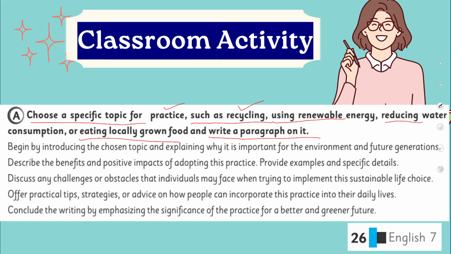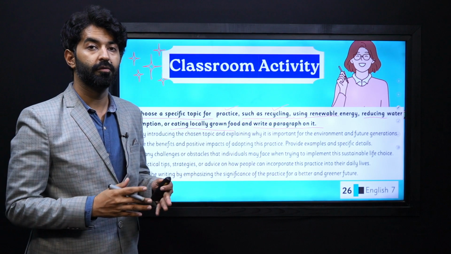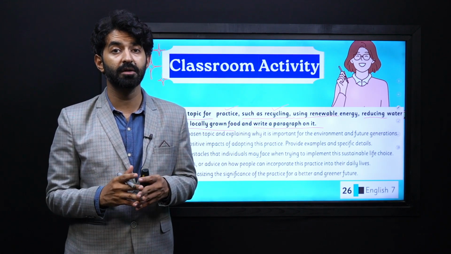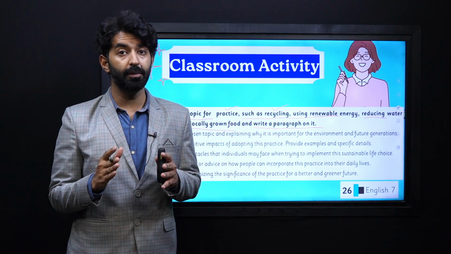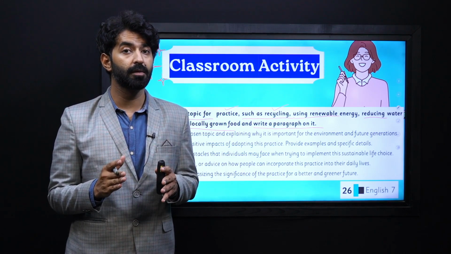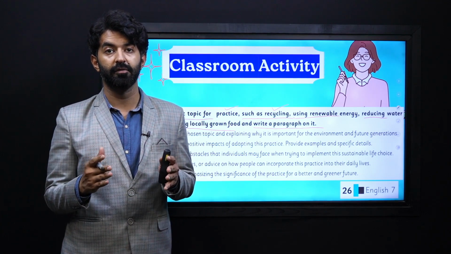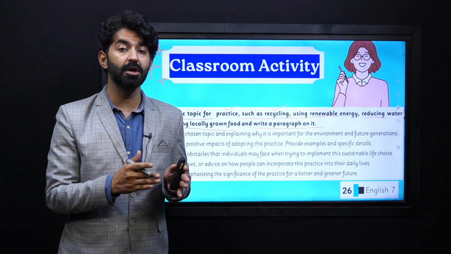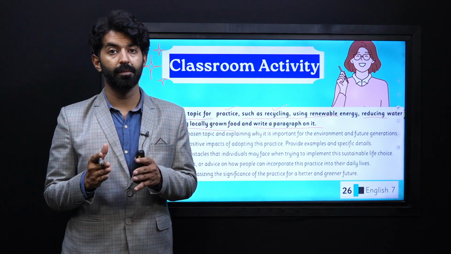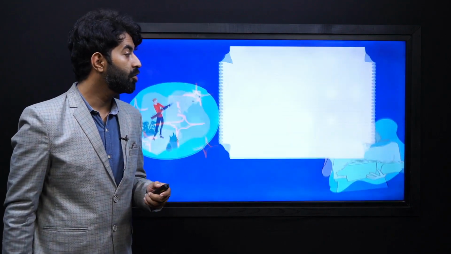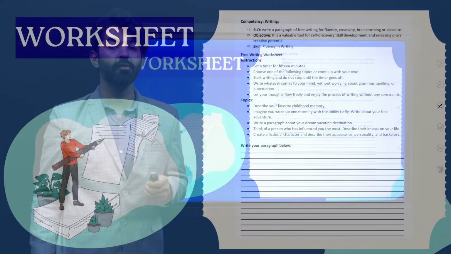So these are all the instructions that you need to follow for this classroom activity. And remember that you will be using the free writing technique, and then you can arrange all those ideas in the paragraph, whether you want to keep something or delete something from the free writing process. So you will be adapting the style of free writing.